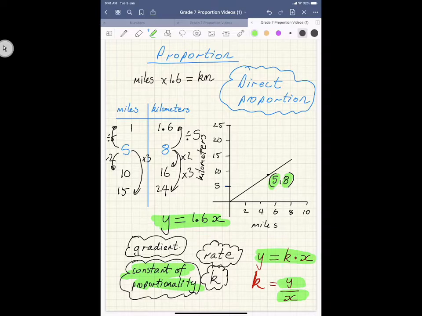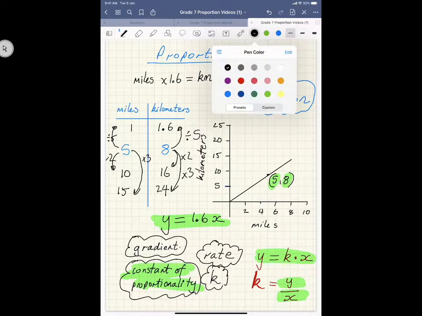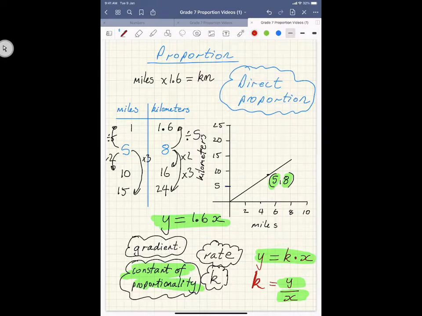You guys know this in a slightly different version. Watch the magic, because what we've actually done there is just found the gradient. Look. This here, the red, tell the person next to you, how long is that red line? And then also work out the length of the blue line. Did you get it? The red line is 8, and the blue line is 5. And 8 divided by 5 is the gradient.